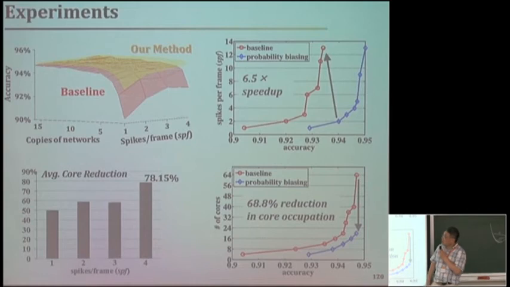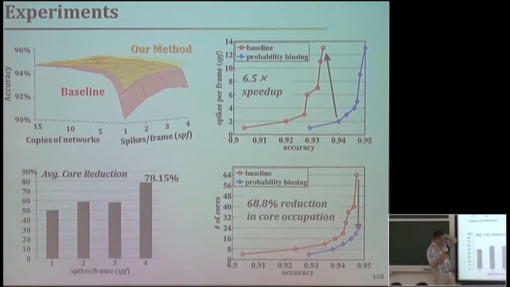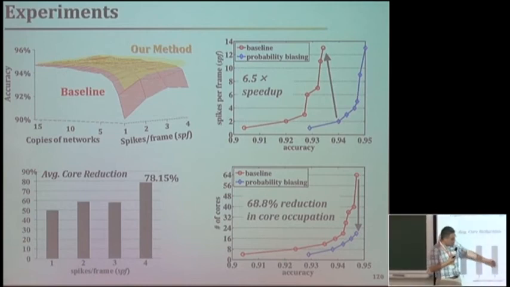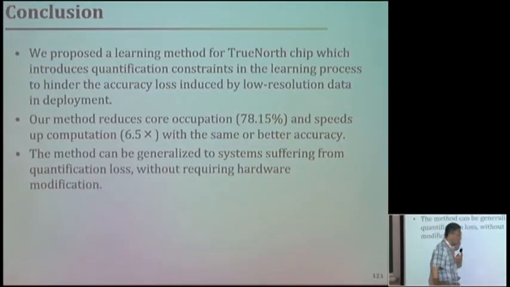We also ran different spikes. For the different spikes, you have a different average core reduction. With higher spikes, which means higher accuracy on the input, we can save more cores to achieve a similar accuracy.